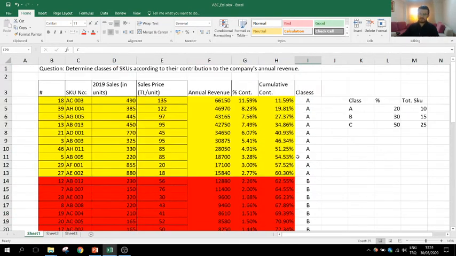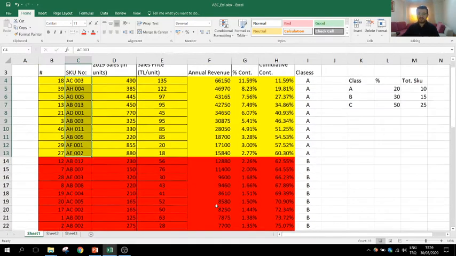So in this example, what do we see? There are 10 class A items, which are these, and they contributed to my revenue with a percentage of 60%. So 60% of my 2019 revenue was generated by these SKUs.